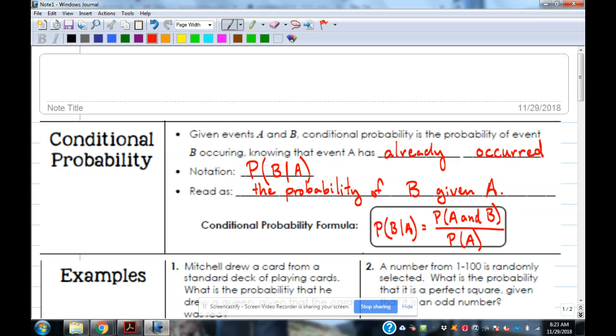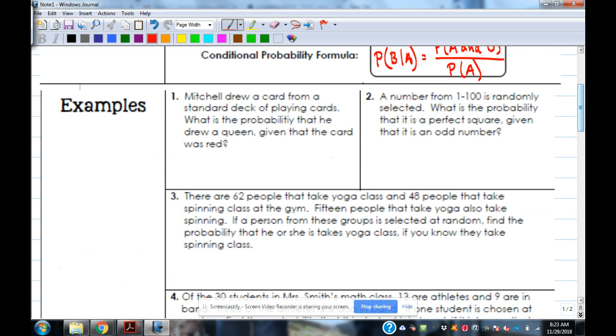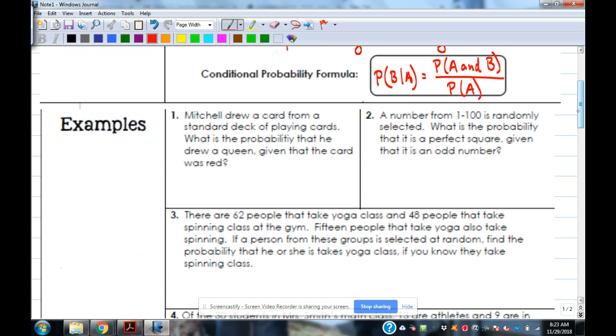We have to take into account whether it's an independent event or dependent event when we find this probability. Then we divide that by the probability of A happening. It just takes a little practice. It's not really hard. It's got a little more of a formula than what we did, and it's building on what we've already done.